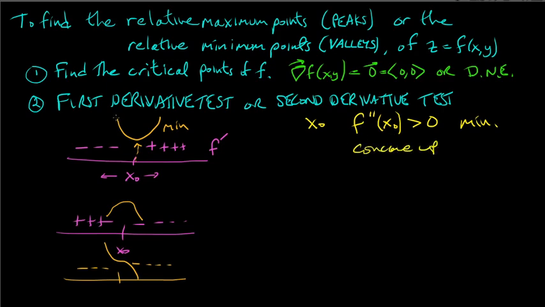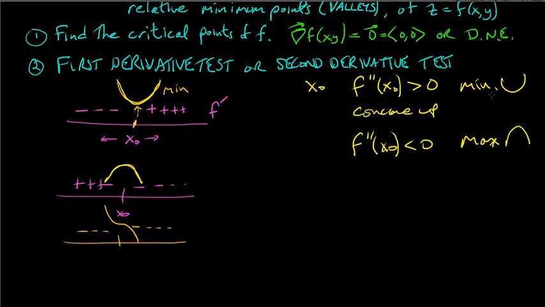If you're concave up at your critical number, then it's a minimum there. If you're concave down, if the second derivative is negative at your critical number, then you have a maximum. So concave up, minimum; concave down, maximum. Night and day, very clear.